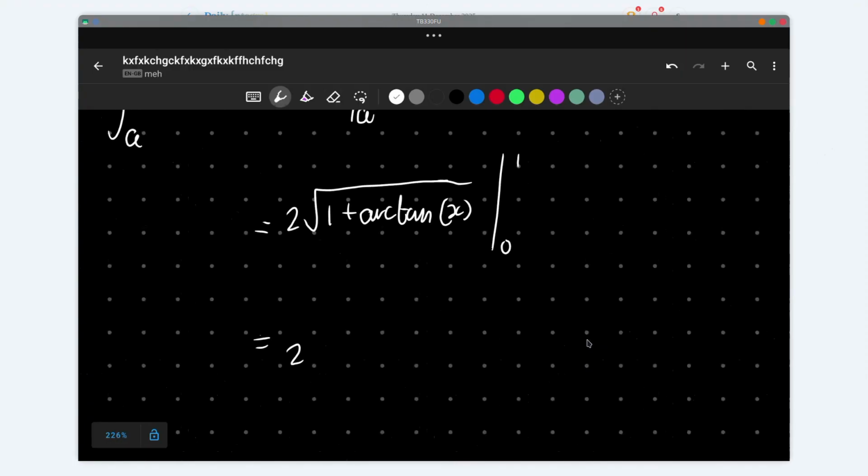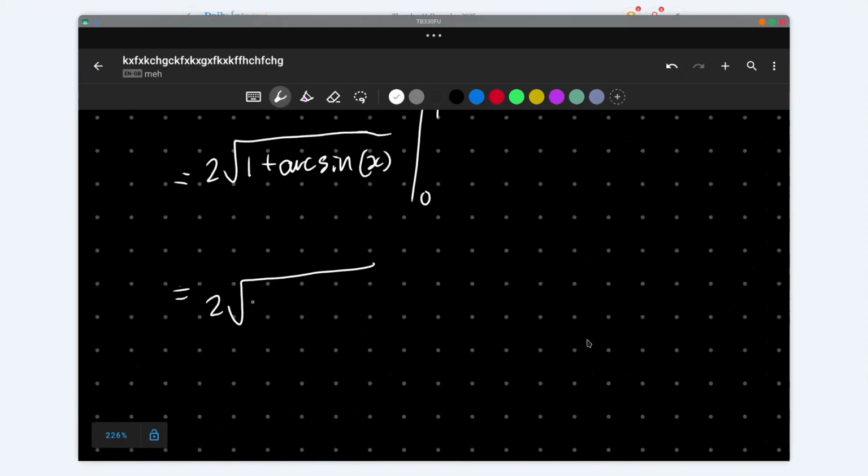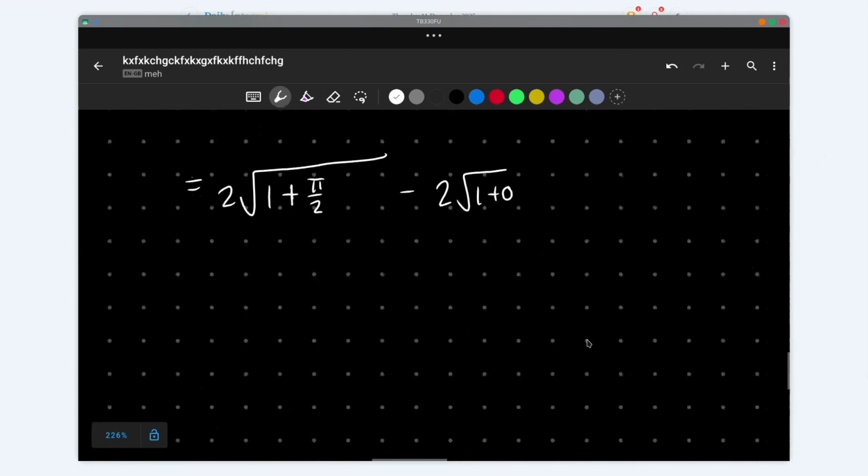Arcsine of 1 is just pi over 2, so it's 1 plus pi over 2. 1 minus 0, that'll just be 1 plus 0. Okay.